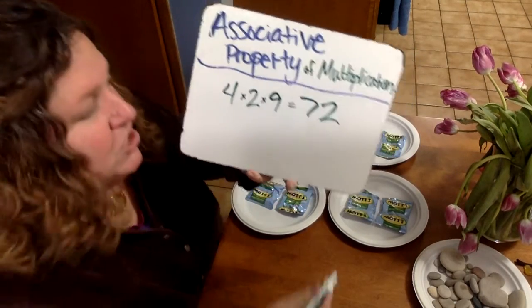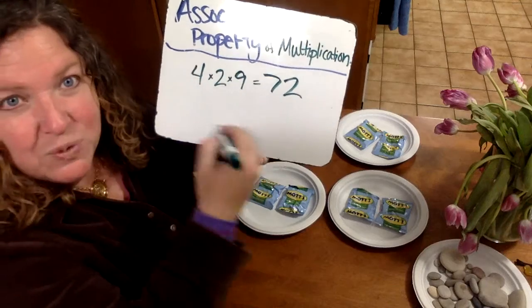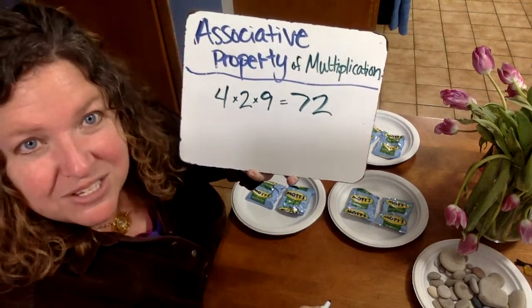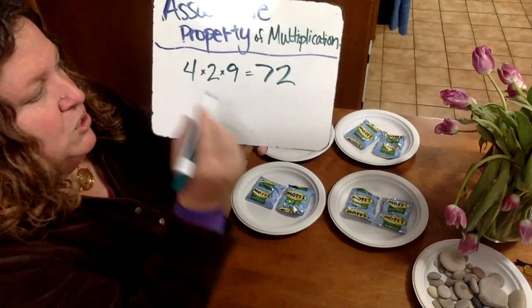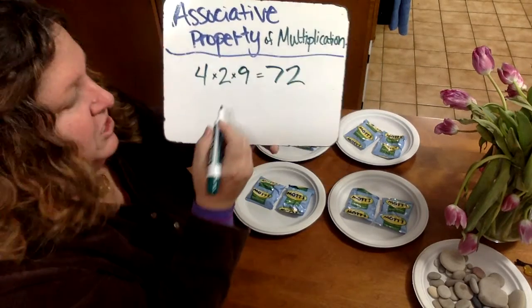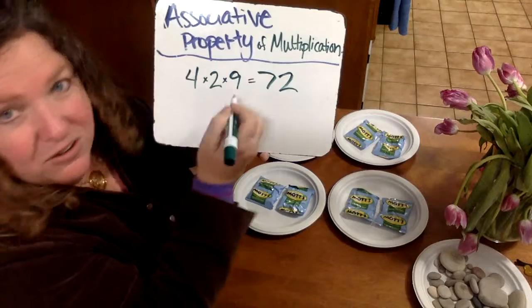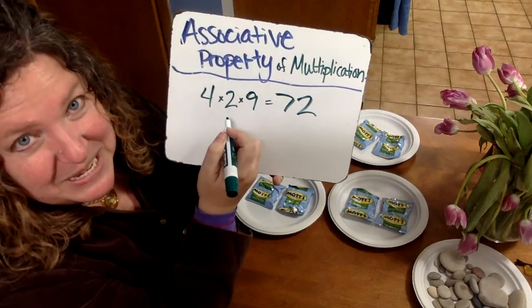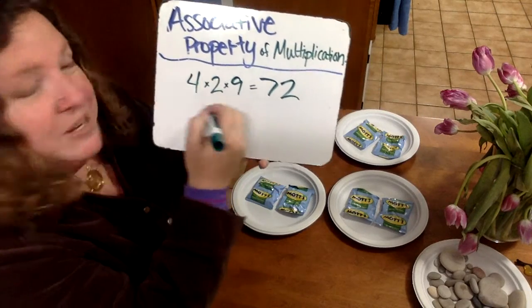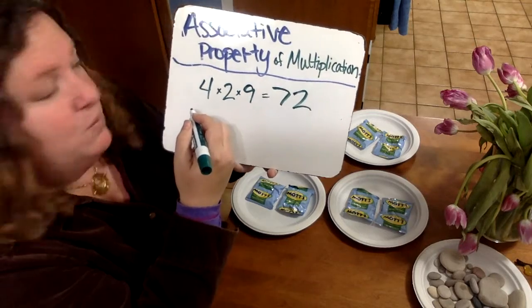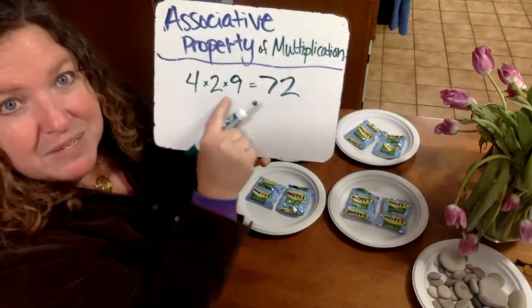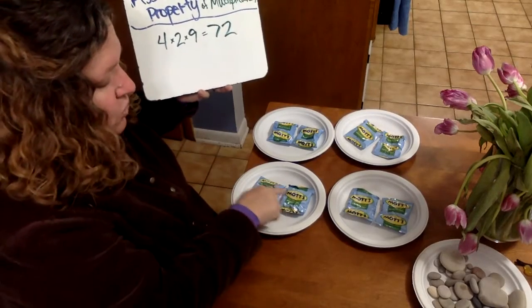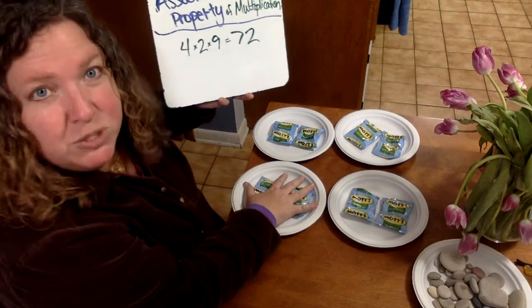But you may want to switch it around using the associative property, and you can do that. Absolutely. What if you said, you know what? That right there actually is pretty easy. But what if you said, I want to switch it around and do 2 times 9 first because I've got 2 groups of 9 on each plate.